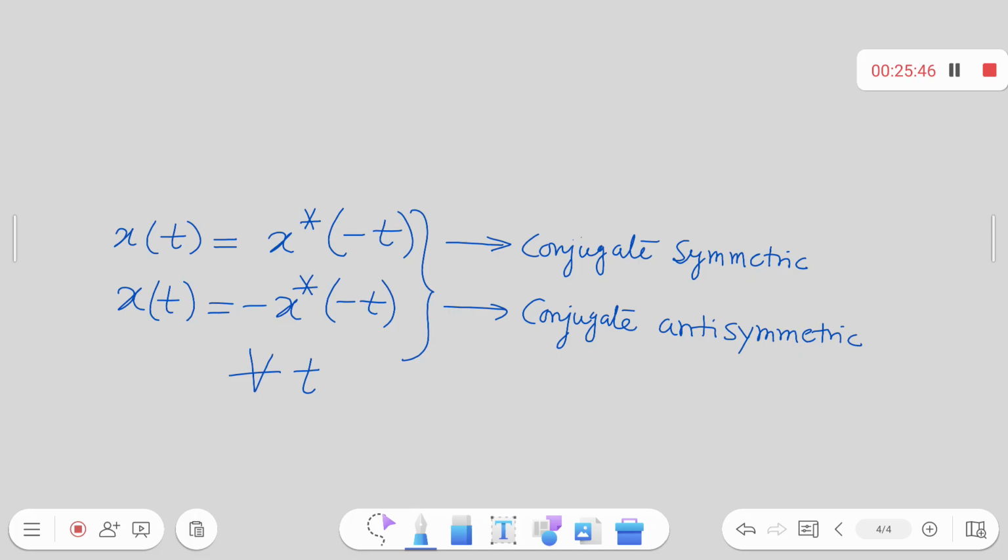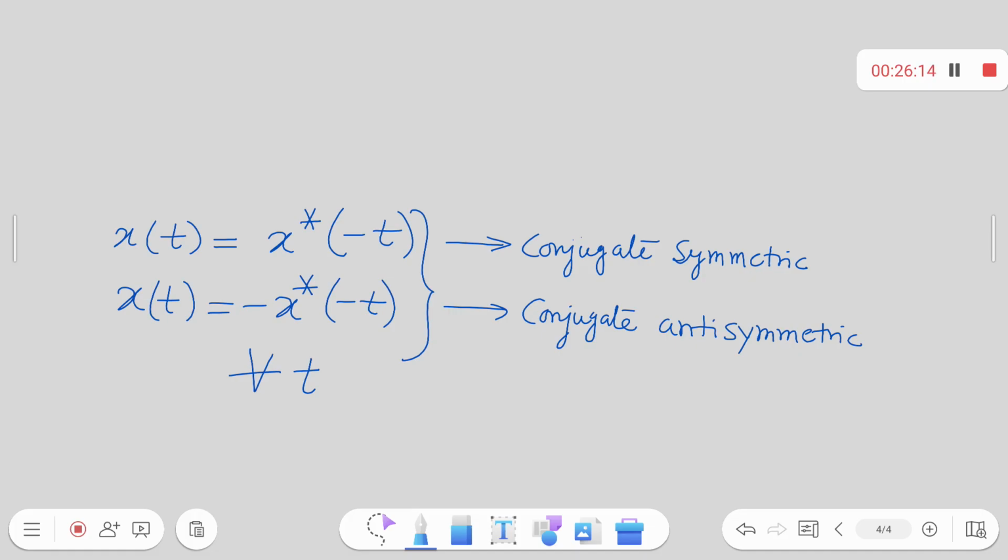So x star of minus t is equal to x of minus t. So if the signal is real, then x of t equals x of minus t under this conjugate symmetricity condition, which means the signal is an even signal. So for a real signal, conjugate symmetricity implies evenness, and conjugate antisymmetricity implies oddness.